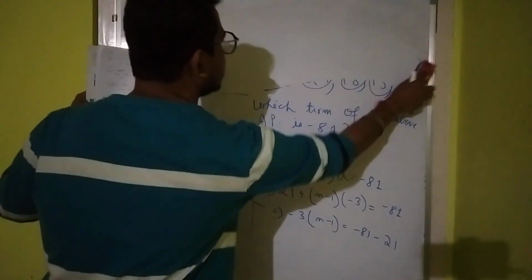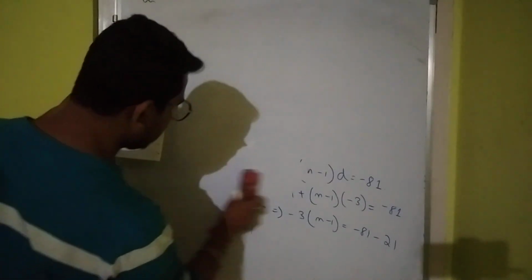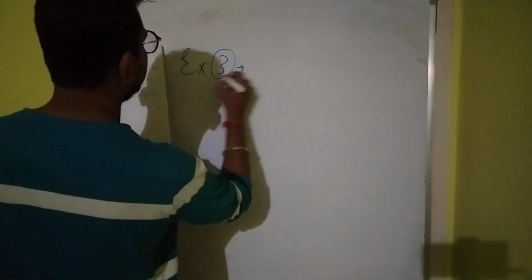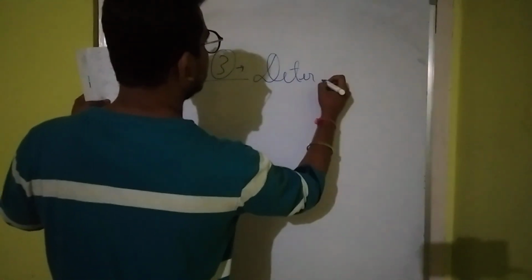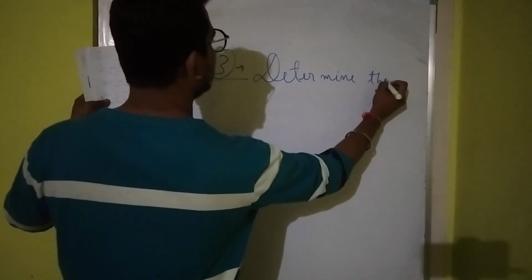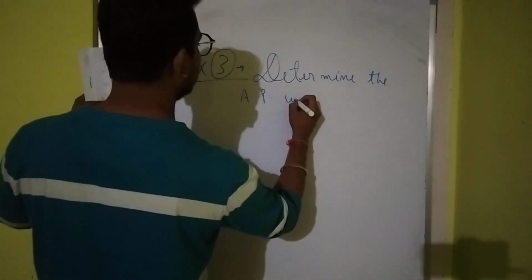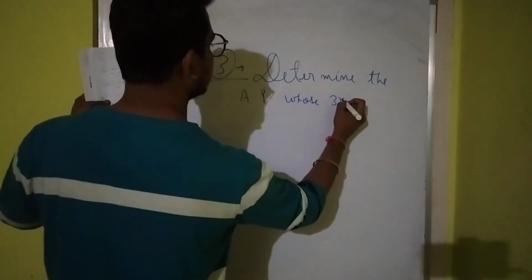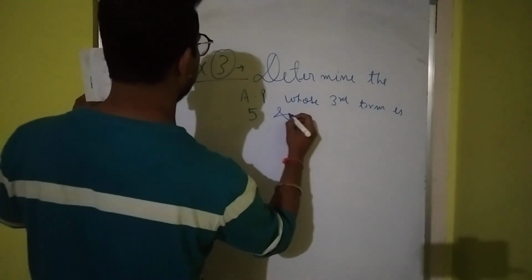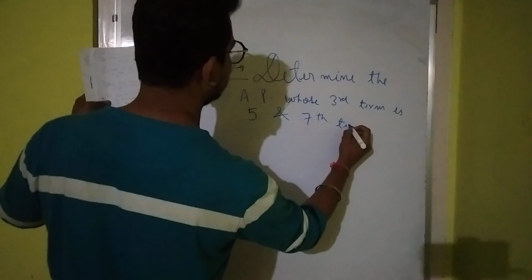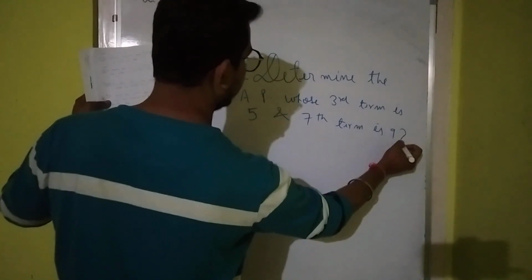चलो फिर नेक्स्ट क्वेश्चन कर लेते हैं। सो एग्जाम्पल 3, determine the AP whose third term is 5 and seventh term is 9.